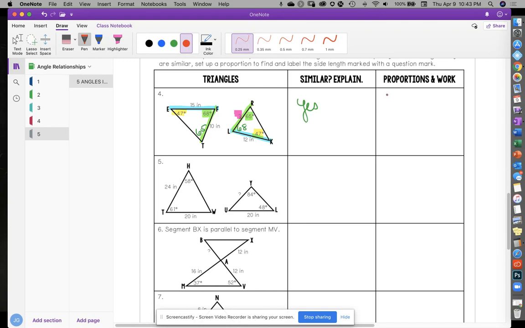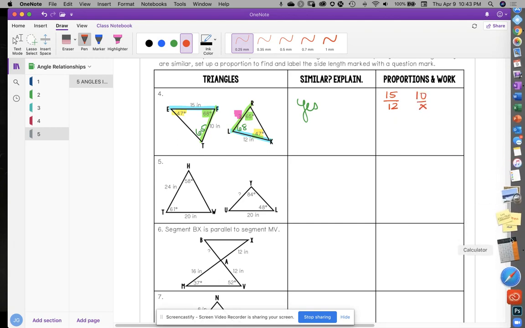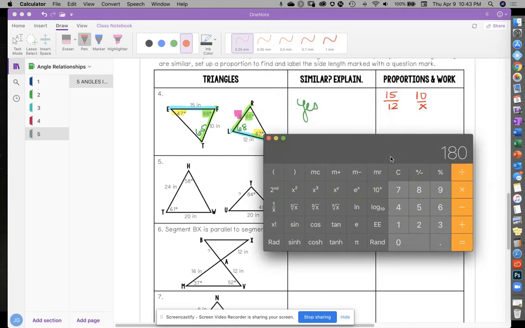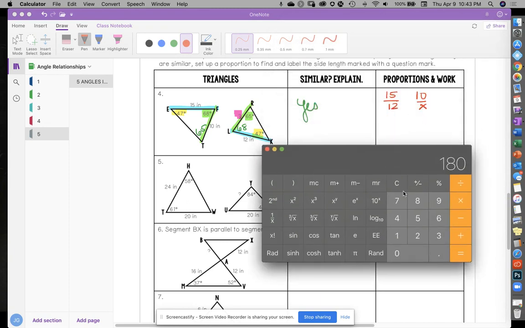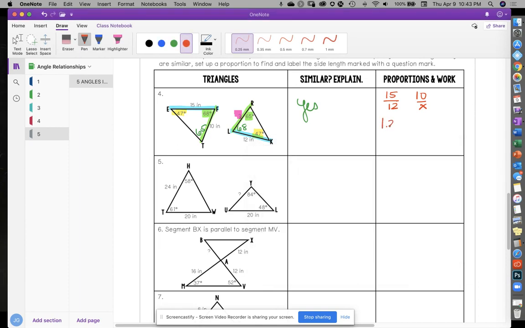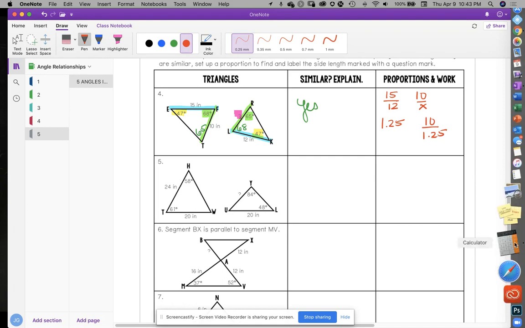So I'm going to put together the two that are the same. I went from 15 to 12, and then I have 10 to what? All right, so I'm going to grab my calculator. Proportions are always written kind of like a ratio. So we're going to do 15 divided by 12, and that's going to give me a 1.25 difference. So I'm going to put this in for x. I'm going to say 10 divided by 1.25.